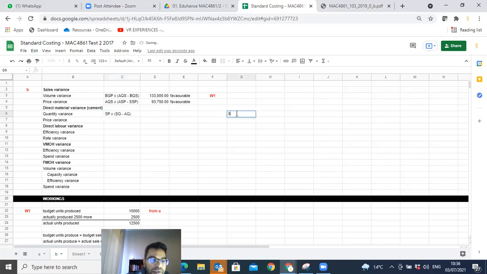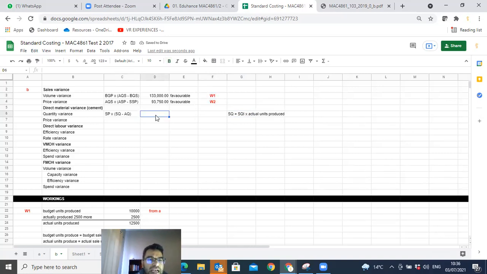Just remember, SQ, standard quantity, is SQI, standard quantity of input, times actual units produced. So take note of that. Let's have a look.